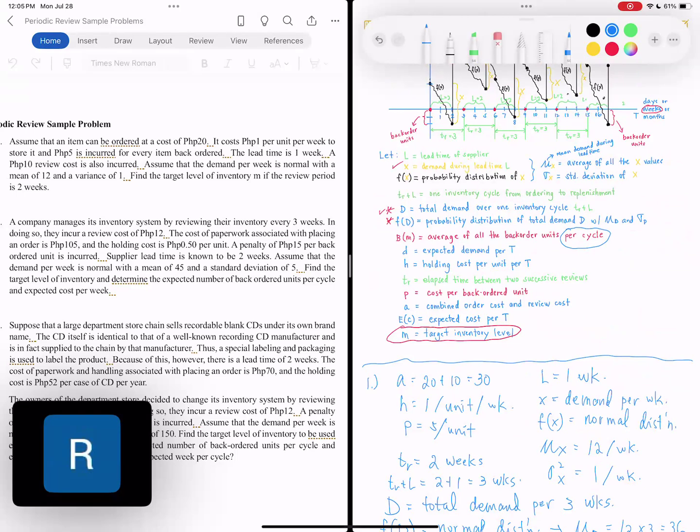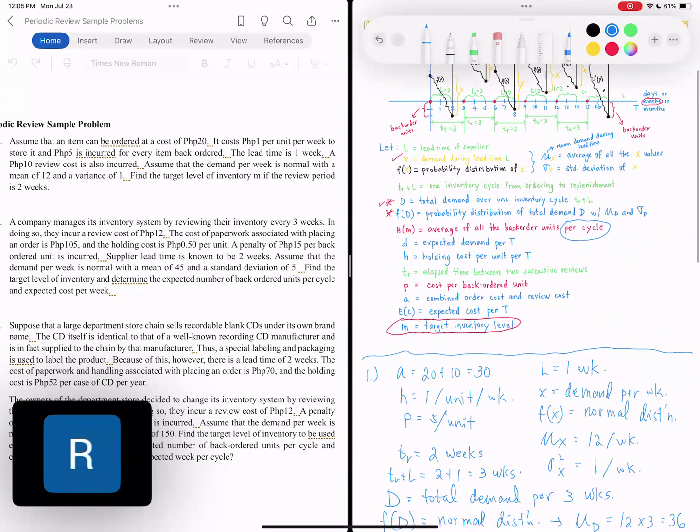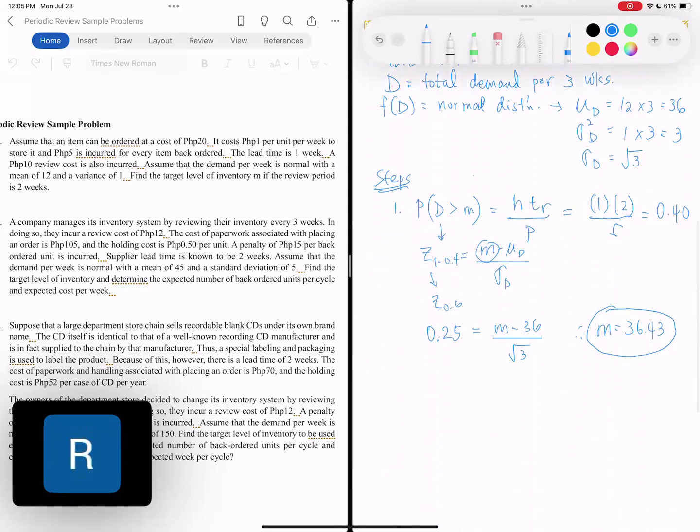In the derivation, it was derived as the average backorder units per cycle, not per capital T. So your random variable there is still capital D. So this is the step for calculating M. If you want to calculate BM, the generic formula is you have to integrate from M to infinity.